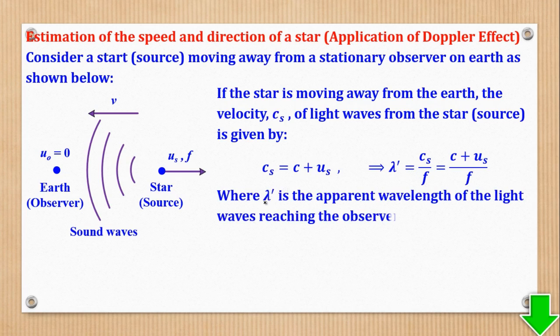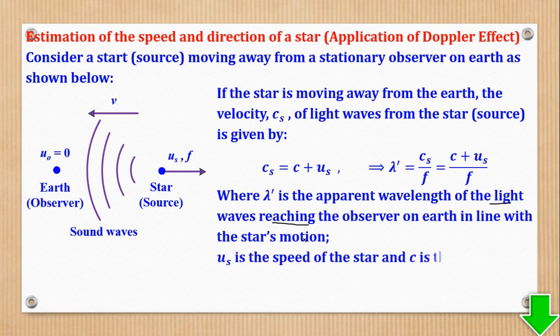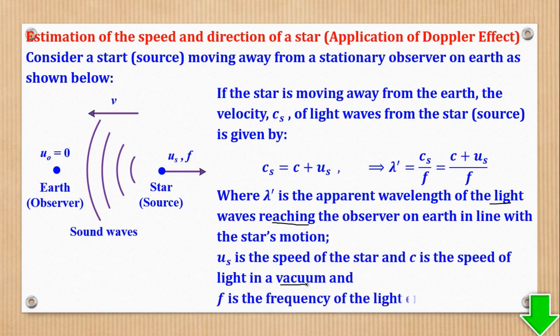So what is lambda prime? Lambda prime is the apparent wavelength of light waves reaching the observer on Earth in line with the star's motion. And Us is the speed of the star, and C is the speed of light in vacuum. Then F is the frequency of light emitted by the star.